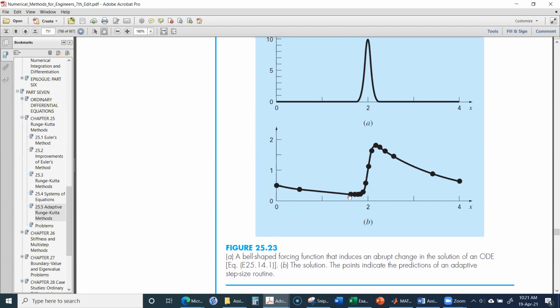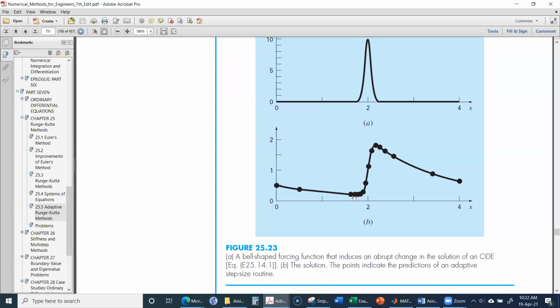But by reaching over here, the algorithm will find out that the function will be changing very rapidly. Therefore the algorithm decreases the step size.